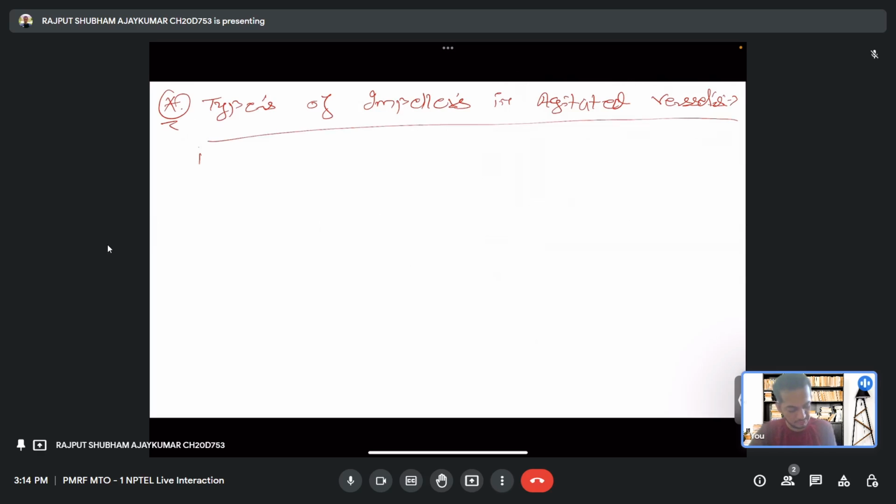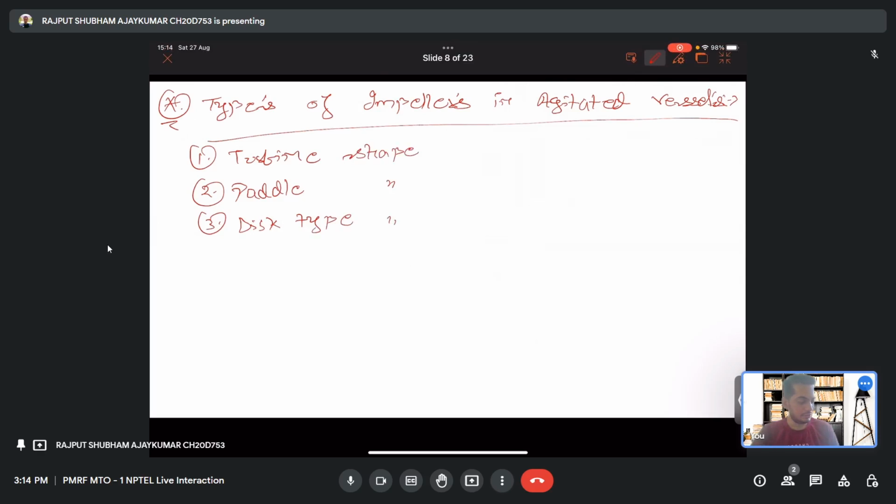The first one will be turbine, the second is paddle type, and the third is disc type. So these are the different types.